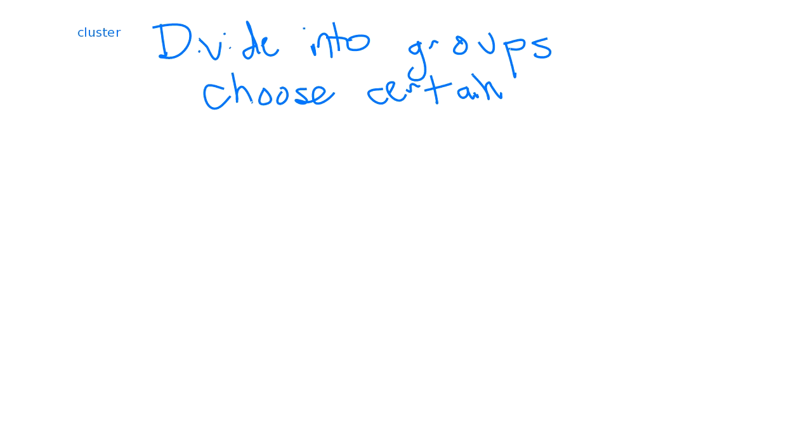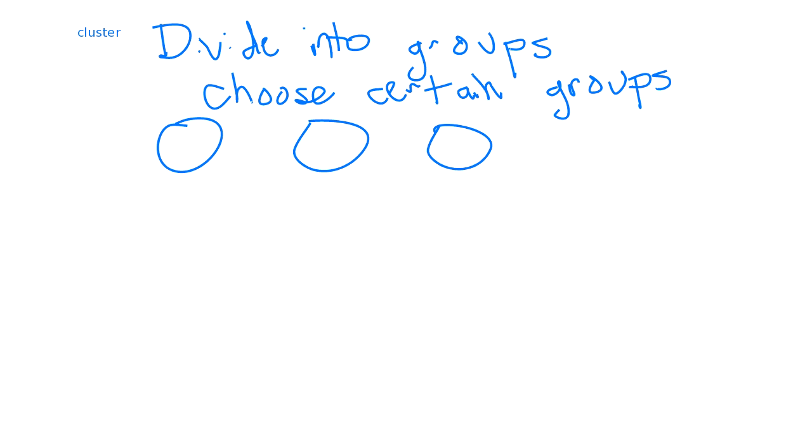When you do cluster sampling, you divide your population into all these groups, and then you pick this whole group. You choose those two whole groups, okay? So for cluster sampling, divide into groups and pick certain groups.